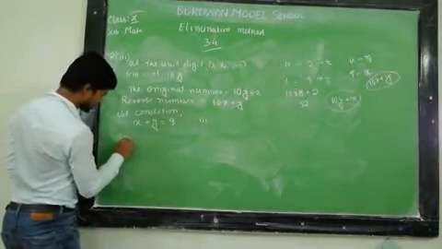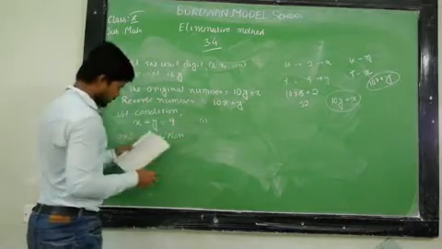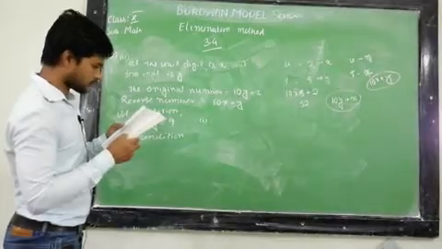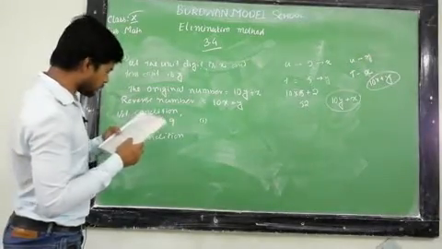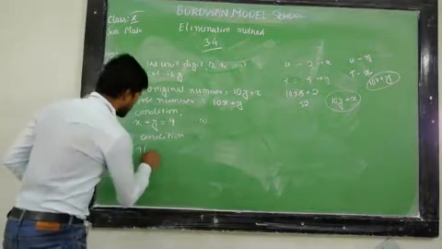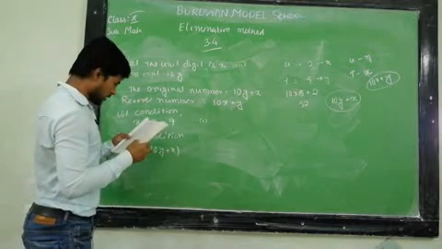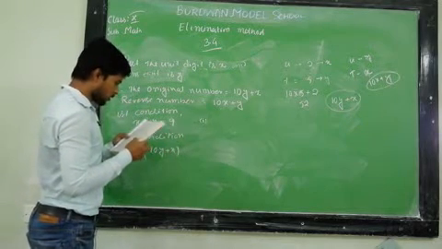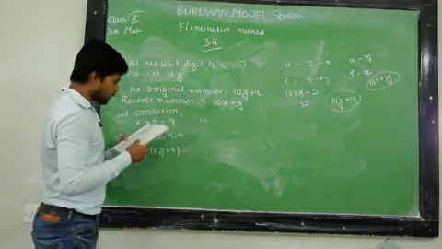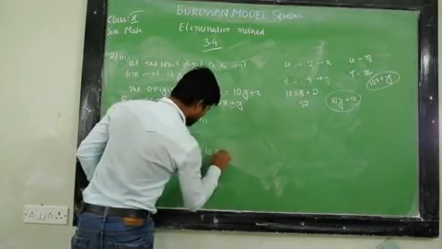And the second condition: 9 times the number, so the original number, which is 10y plus x, is twice the number obtained by reversing the digits.